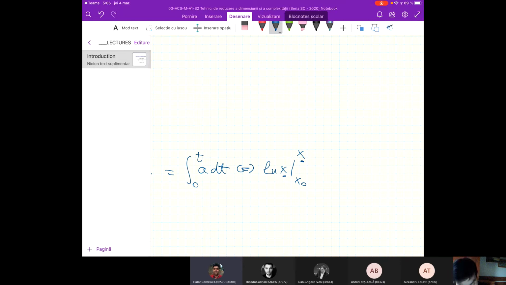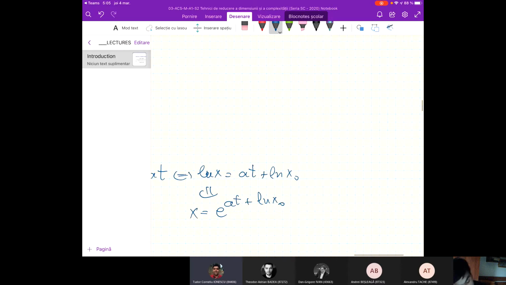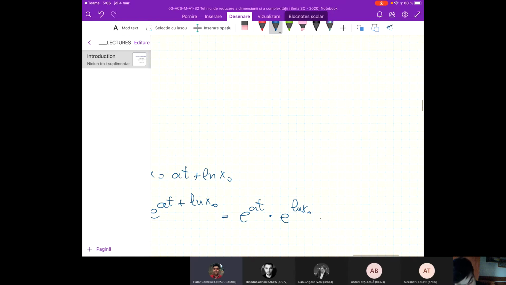Here I should have used another letter, but it's fine because we are engineers. We know what to do here. And the right side is at. So ln x equals at plus ln x0, which means that x is e to the power at plus ln x0, which is e to the power at times e to the power ln x0. So this is x0 e to the power at.